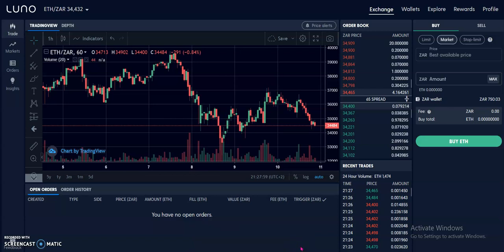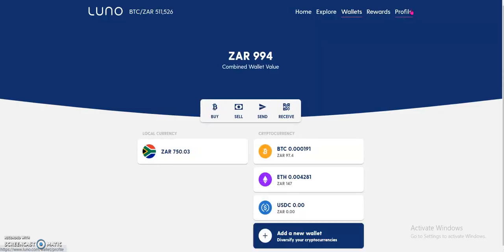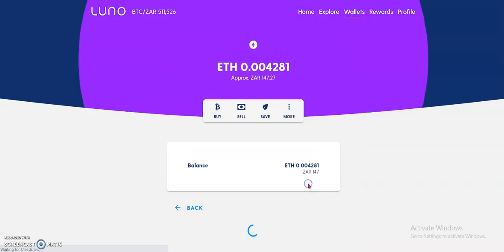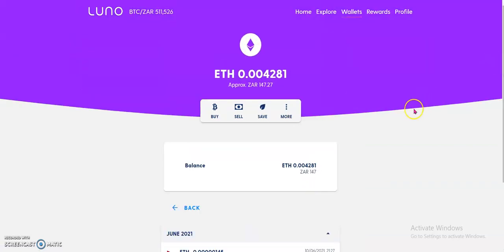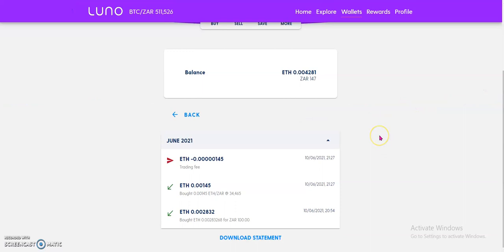Fantastic. Let's go back to wallets and have a look to see what happened and how our trade went. We can have a look at our Ethereum wallet. If we click on it, it will have a record of our transactions.